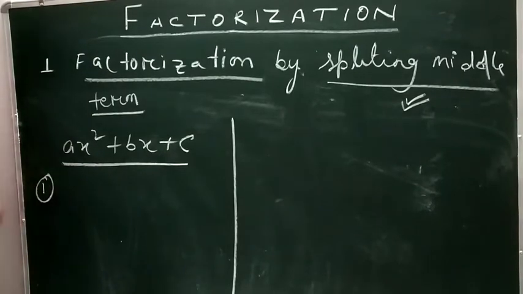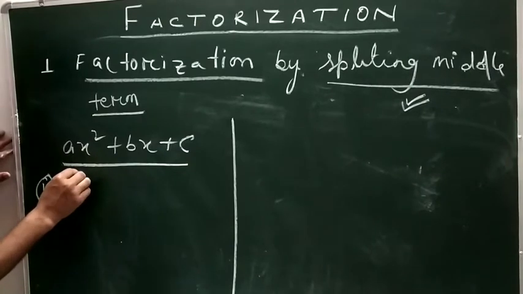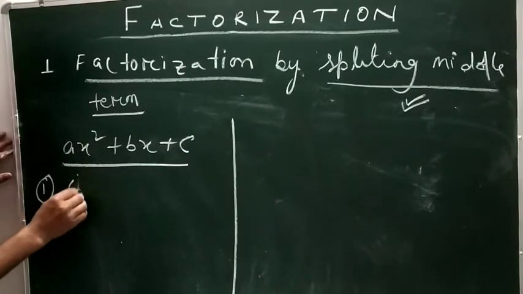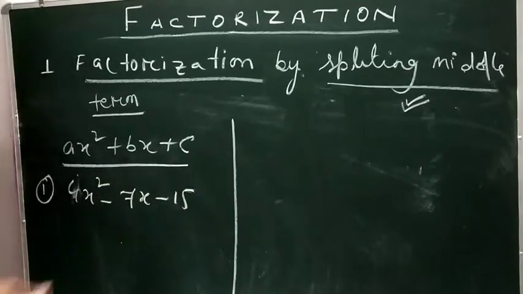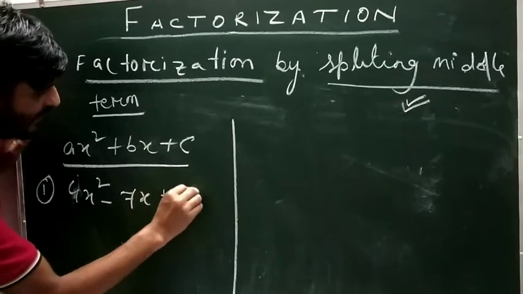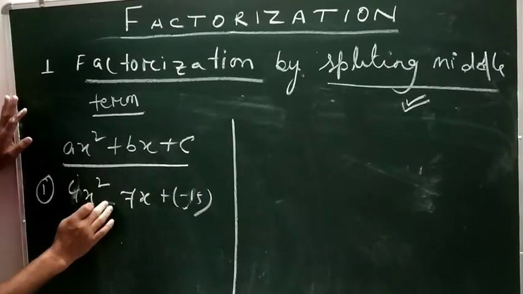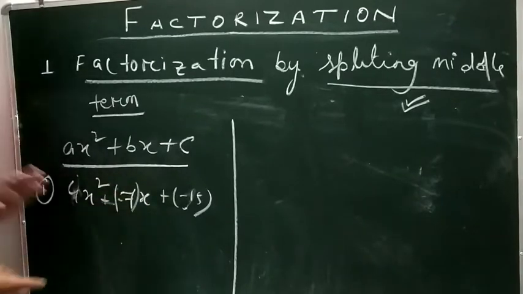Example number 1: if the algebraic expression is in this form, 4x square minus 7x minus 15. Here the minus 7 means plus minus 7x. Like this it is given.